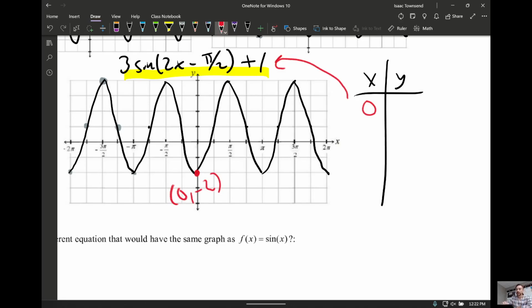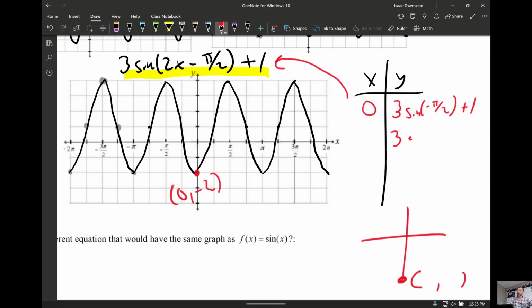So imagine plugging in 0 here. This goes to 0. You get 3 sine of -pi/2 plus 1. And what is the sine value at -pi/2? This is unit circle. Where's -pi/2? -90 degrees.